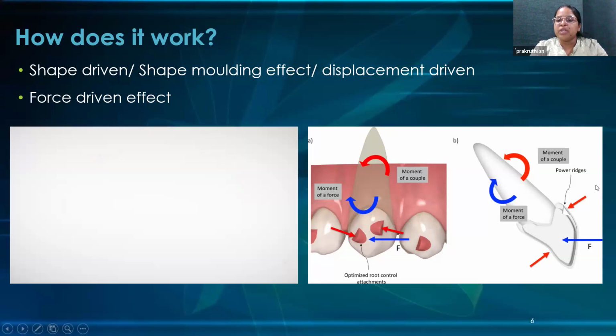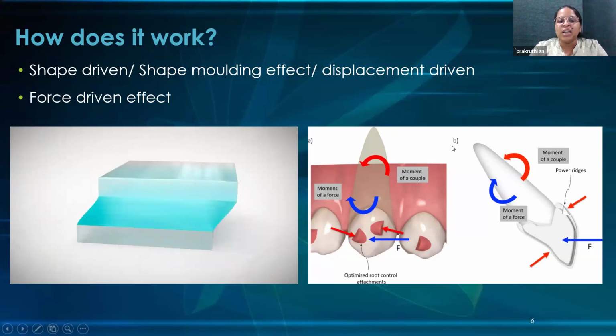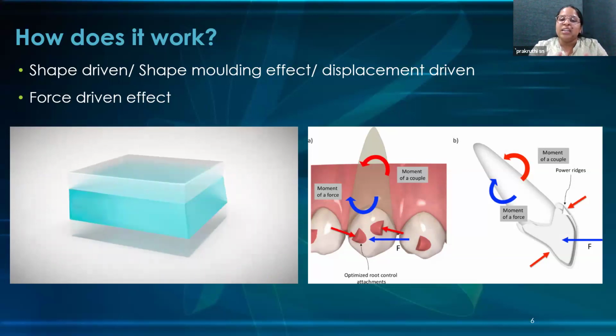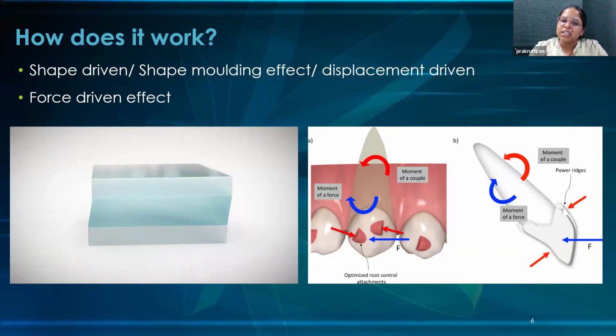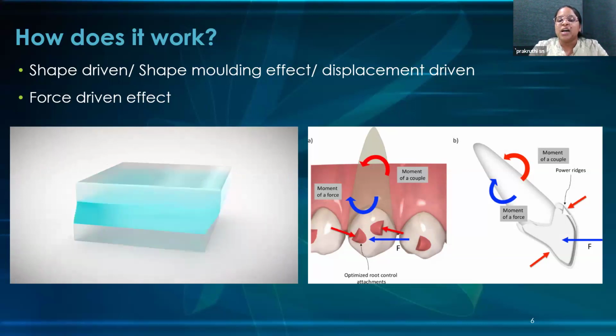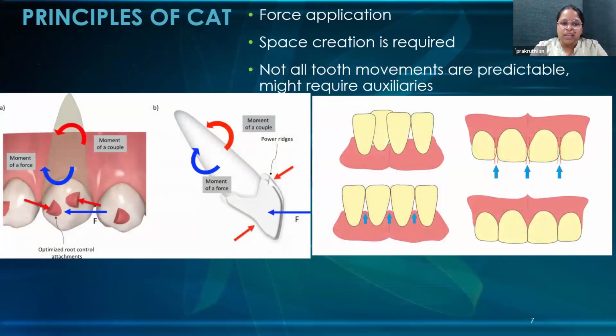Also, some power ridges or additional features have been given onto the aligners to make it work. 99% it is the shape molding effect, the displacement happening in the plastic, which is moving the teeth. Around 10% additionally is contributed by the attachments that we place.